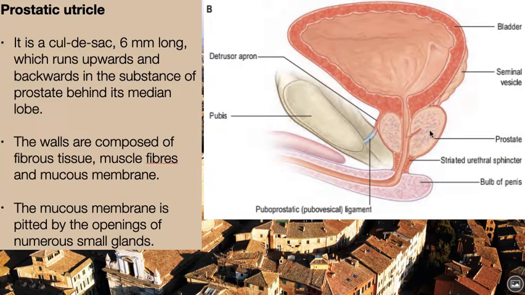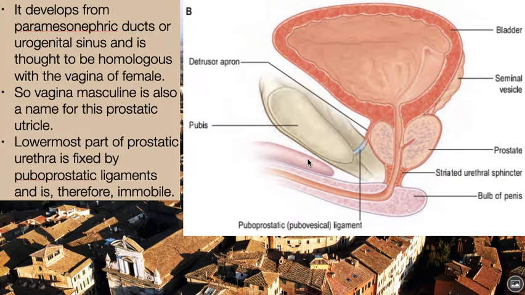The walls are composed of fibrous tissue, muscle fibers, and a mucous membrane. The mucous membrane is pitted by small openings of numerous small glands. Very important, it develops from the paramesonephric duct or the urogenital sinus and is homologous with the vagina of the female.